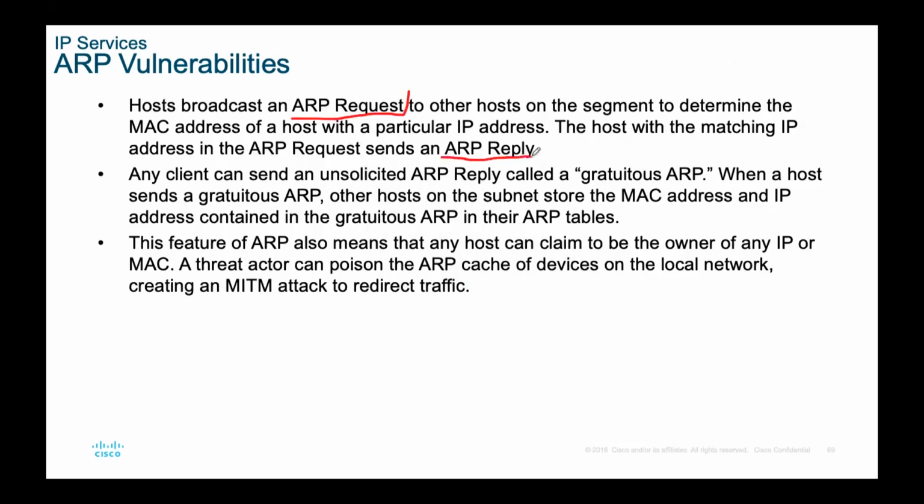Any client can also send an unsolicited ARP reply, called a gratuitous ARP. When a host sends a gratuitous ARP, other hosts on the subnet store the MAC address and IP address contained in the gratuitous ARP in their ARP table.